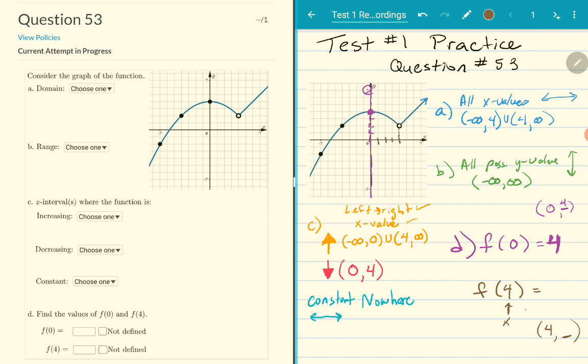And looking at my graph, f is not defined there because there's a hole in the graph. So that means that this one is not defined. Right before 4 or right after 4, it's pretty close to 2, but exactly at 4, it's not defined. There is a hole at 4, too.